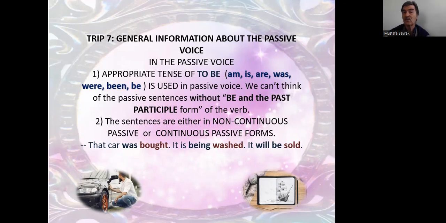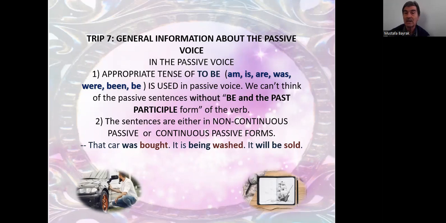It is being washed now. So the subject is it, and after it comes is. So because of is, present continuous tense of passive voice is this. Of course, we will study about it more. It is being washed now, okay? The car is being washed now by Ahmed Bey.